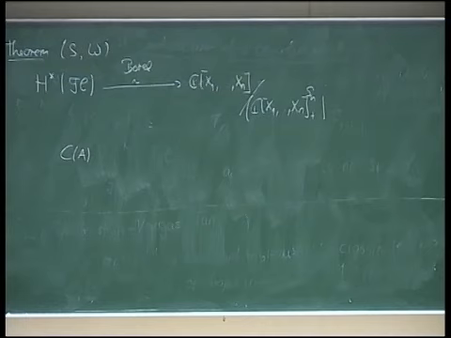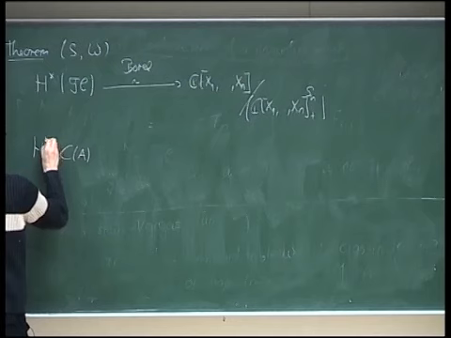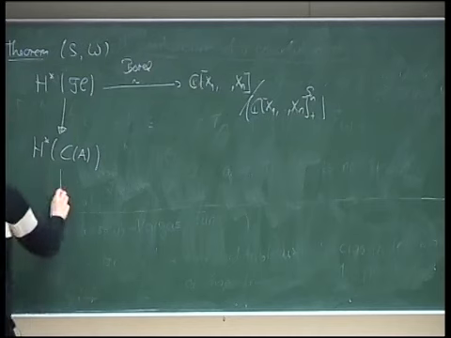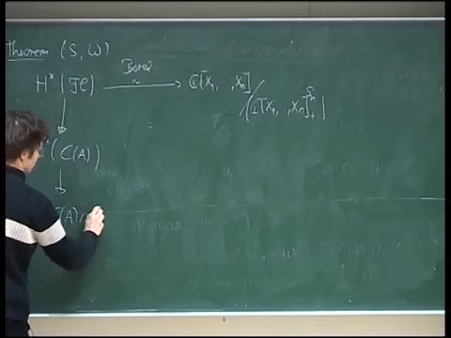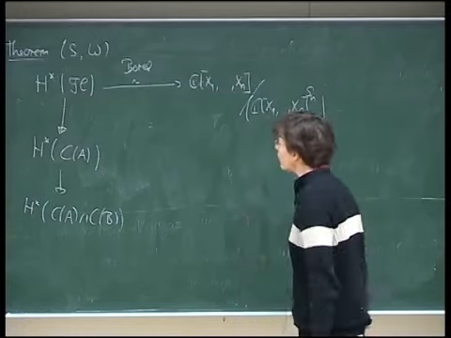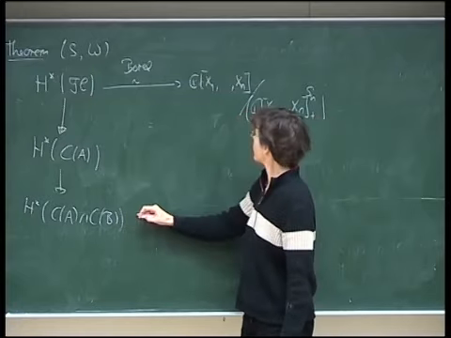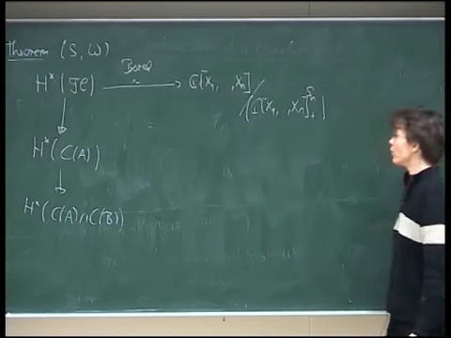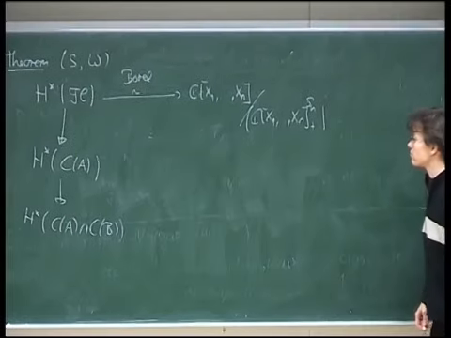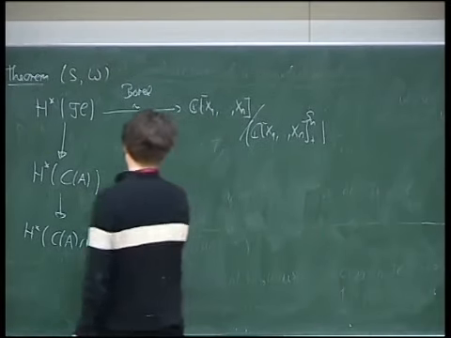Now I have, of course, my Springer fiber, or the component of this Springer fiber, sitting inside there. So I would get a map going down here. And I can go one step further and take the pairwise intersection. Now I want to describe these explicitly in terms of this coinvariant algebra. The result is very easy.